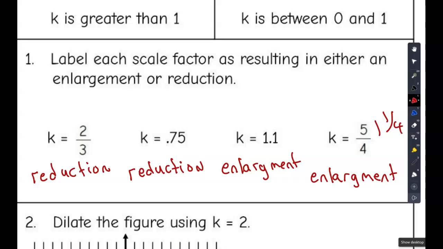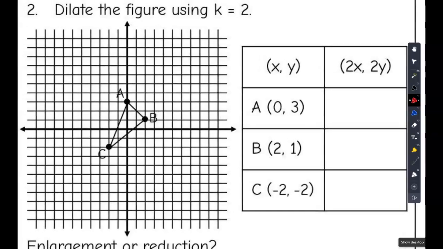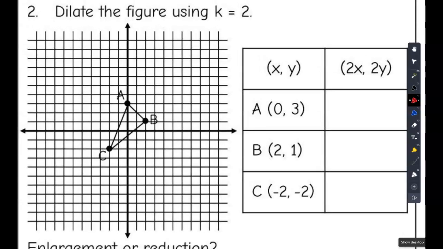Now let's apply a dilation in this next example. Here they want us to use a scale factor of 2. Here's the shape that we already have, and here are the points for that shape. What we want to do is multiply each one of these numbers by 2. This is the pre-image, and the A prime would be the image. If we multiply 0 by 2 and 3 by 2, we get 0, 6.